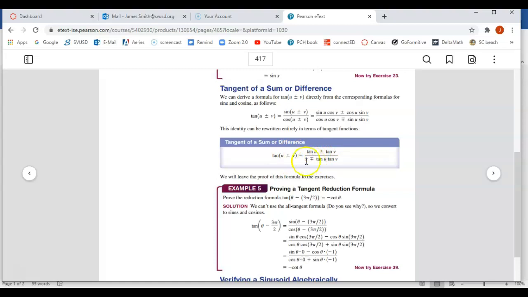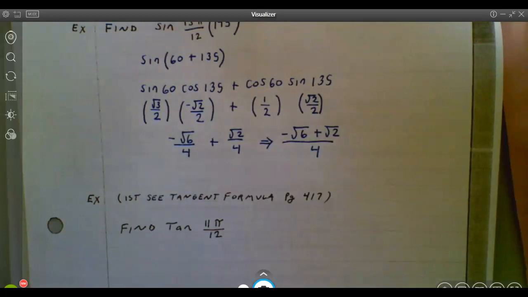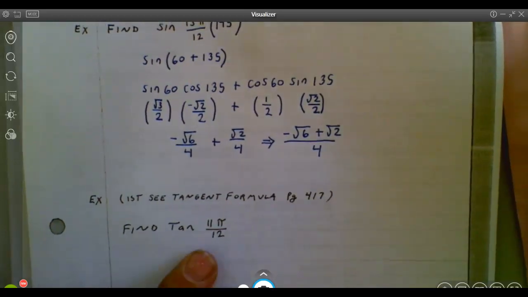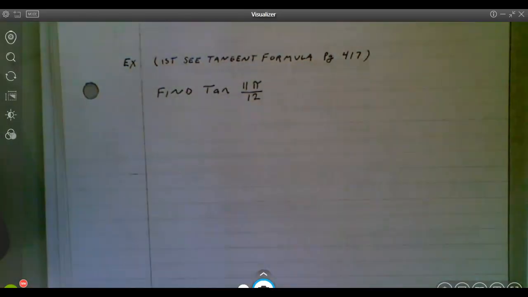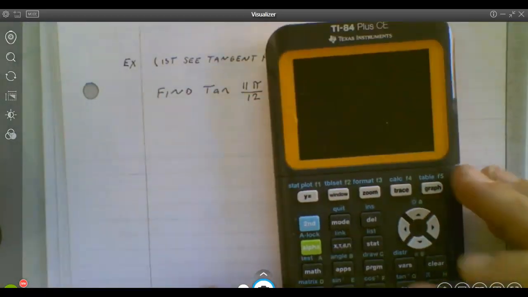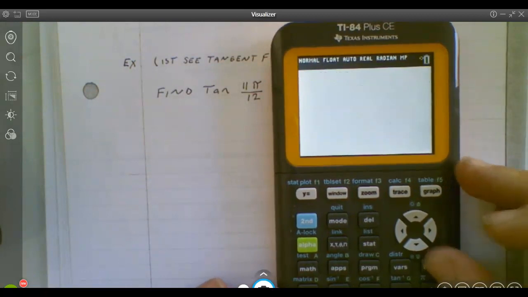So we're going to look at finding the tangent of 11 pi over 12. Again, that's not one of the angles that we would see on our unit circle. So we want to write that as a sum or difference. I just did a sum on the last one, so I'm going to try to do a difference scenario on this one. But let's take the same approach.